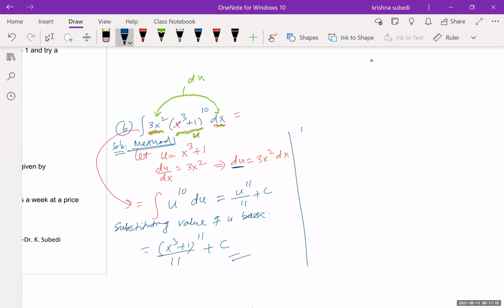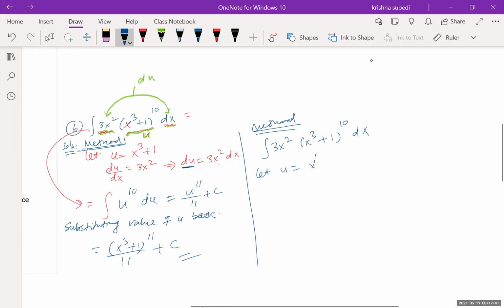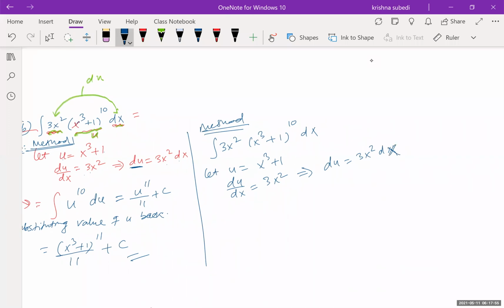That's also okay. For example, let's say you are given 3x squared times (x cubed plus 1) raised to power 10 dx, and you suppose u equals x cubed plus 1, and then your du over dx equals 3x squared. So this gives me du equals 3x squared dx, or you can solve this for dx. So if you solve it for dx, you can write du over 3x squared equals dx, and now substitute the value of dx.